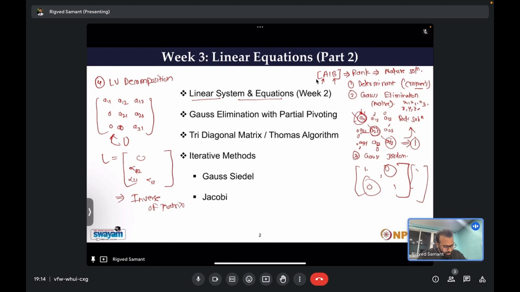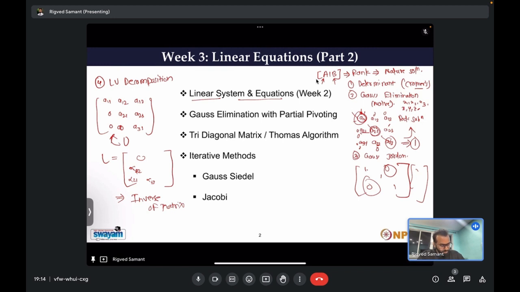In partial pivoting, what I will do is check which element in A11, A21, and A31, that is the first column, is the highest in respect of magnitude. We don't bother about the negative or positive sign, just the magnitude.